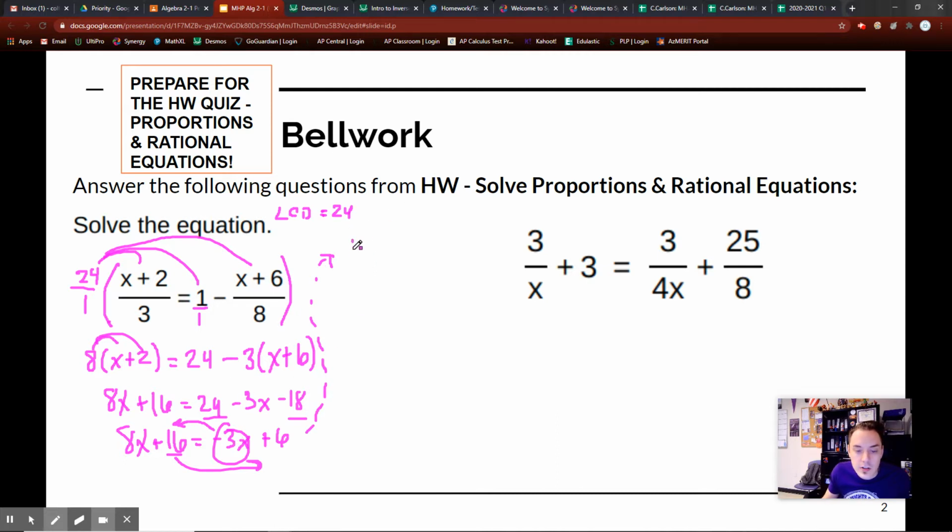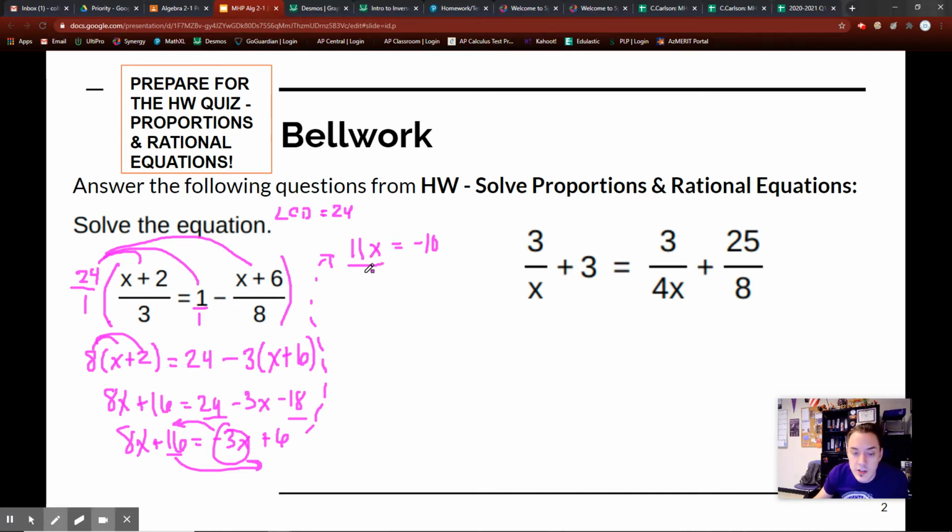Add the 3x over, so that means I get 11x. Subtract the 16 over, I actually get 6 minus 16, which is negative 10.